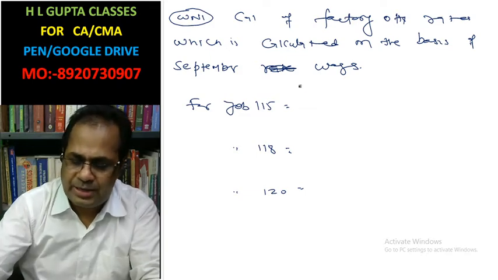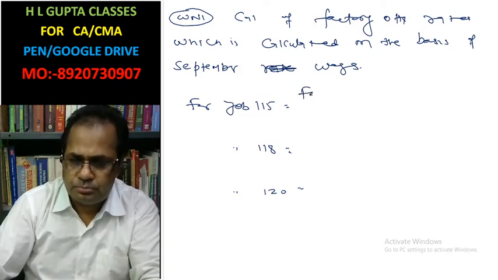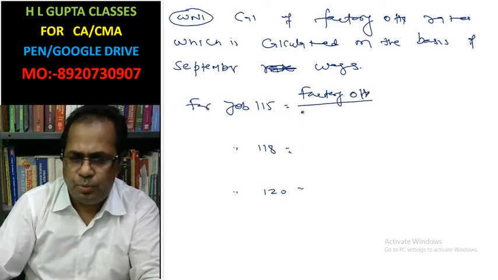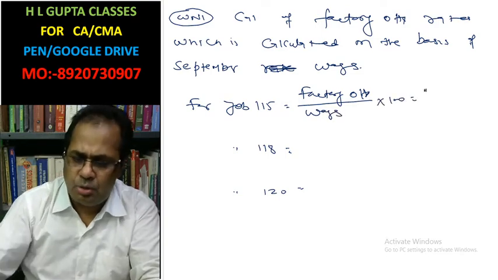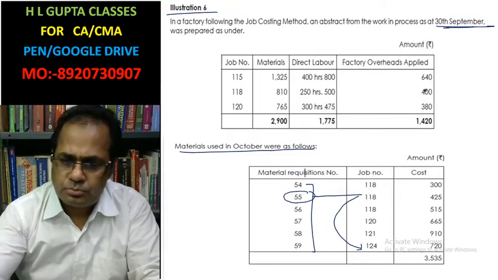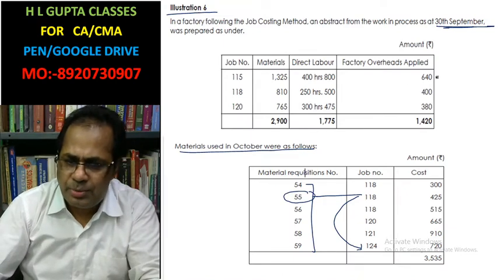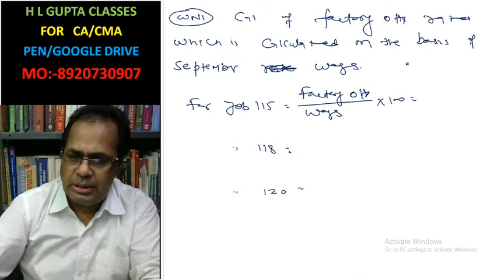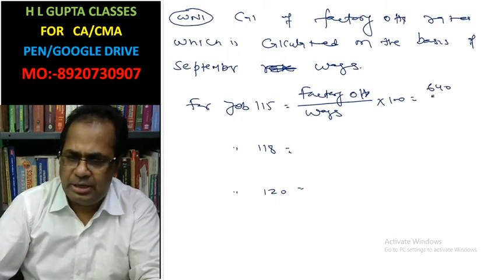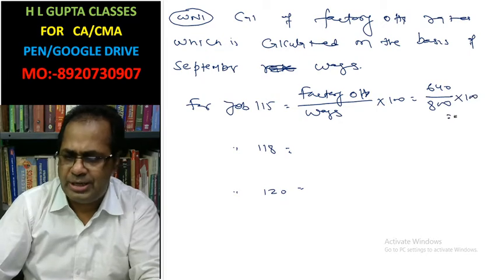This is the factory overhead, and the rate is overhead divided by labor wages into 100. Look here. This is your factory overhead, this is your wages. 640 divided by 800 into 100, this is your 80%.